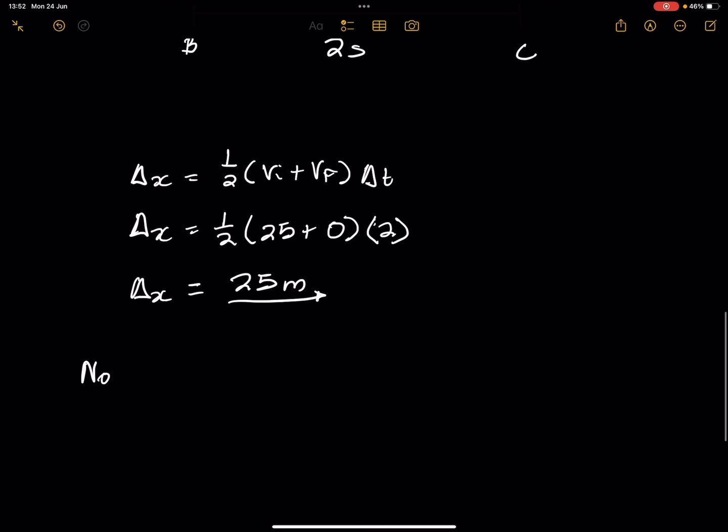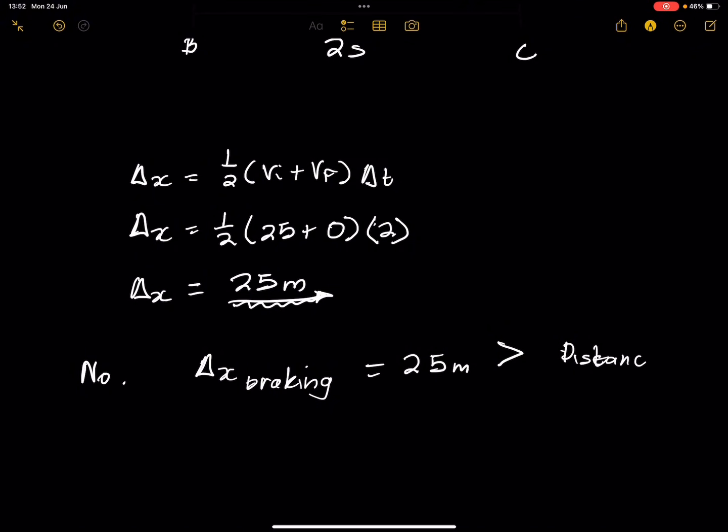Okay, because the distance that it travels during that time when the driver is braking, the braking distance, is equal to 25, which is greater than the distance to the traffic light. Right, I hope that made sense, ladies and gents.